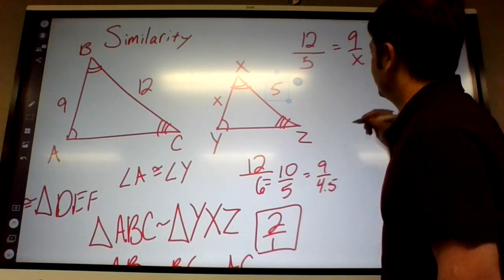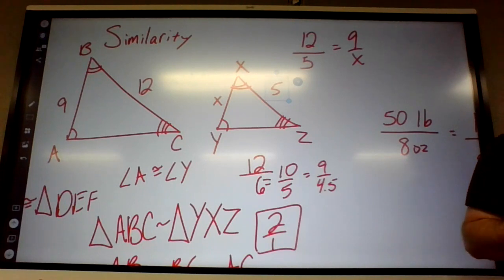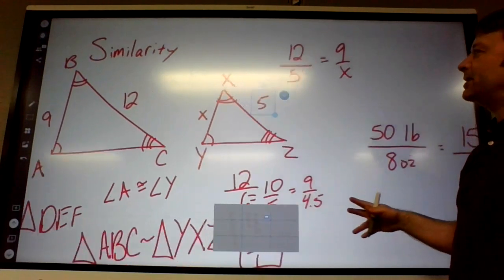Then how would we solve something like that? You would divide 12 divided by 9, which is 1.2.